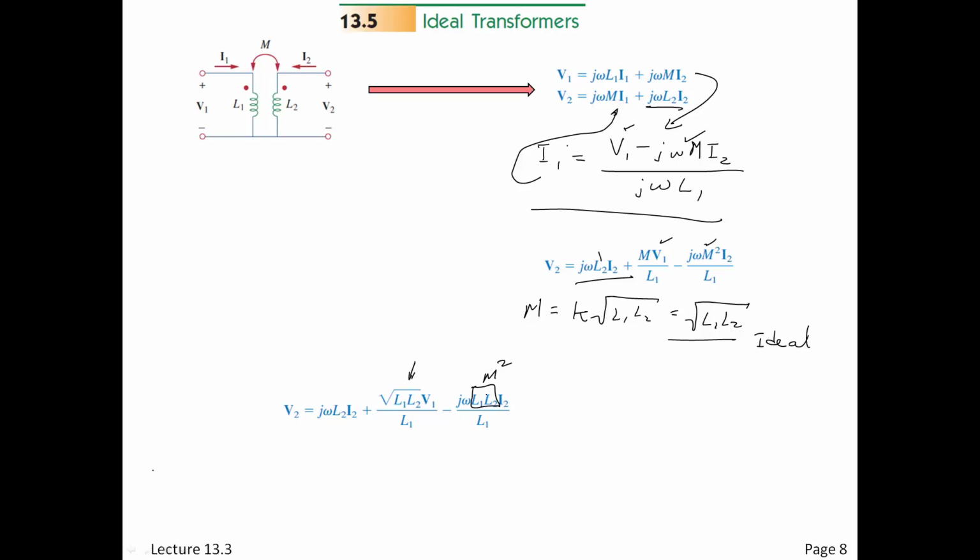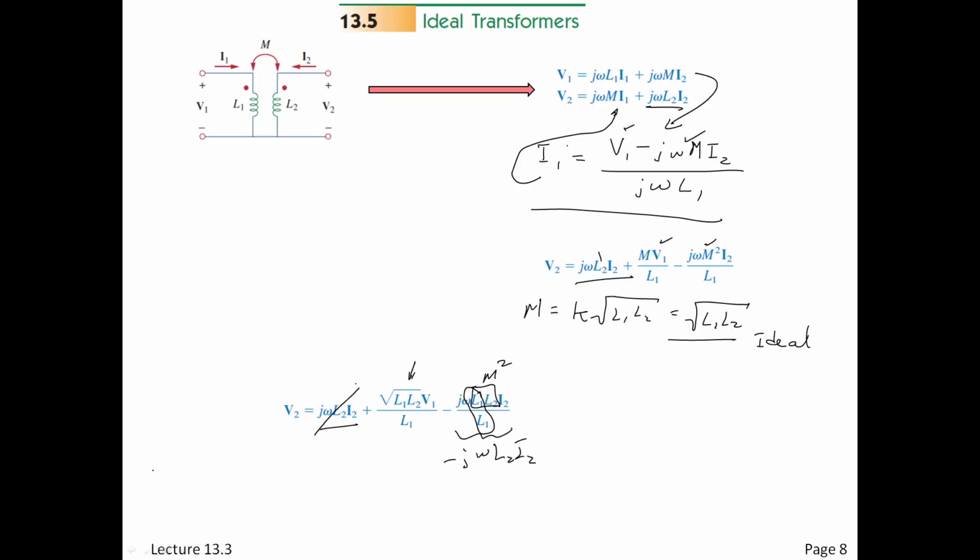This m squared becomes what? L1 over L1, so that cancels. So this term becomes minus j omega L2 I2, which exactly matches this with the opposite sign.